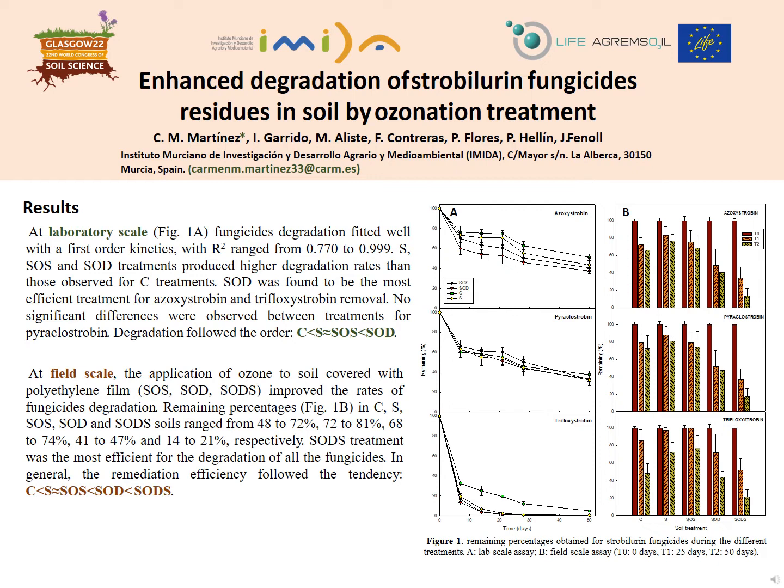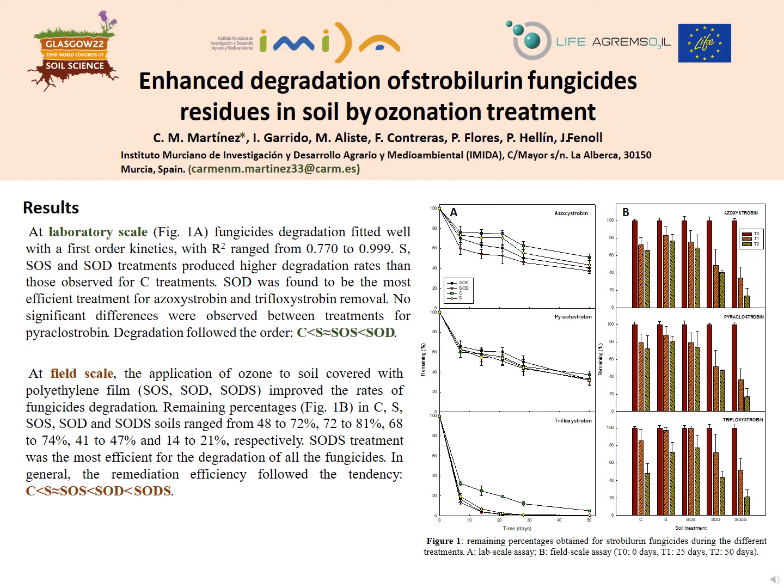At field scale, the application of ozone to soil covered in these 3 treatments improved the rates of fungicide degradation. The reactive species, ozone and hydroxyl radicals, appear to be mainly responsible for the increased pesticide removal. The remaining percentage of strobilurin fungicides obtained for the different treatments after 0, 25, and 50 days are represented in Figure 1b.